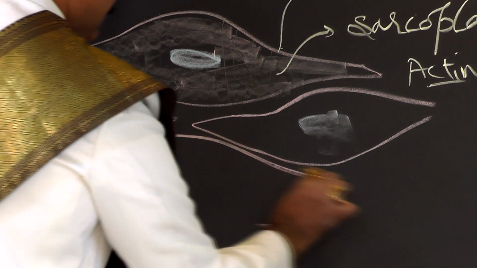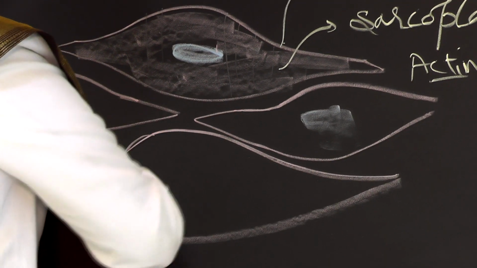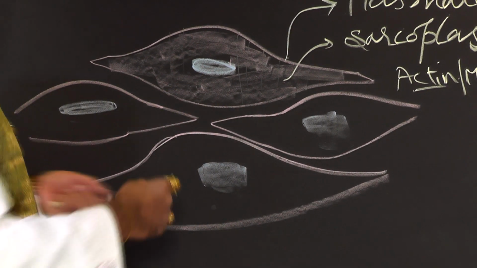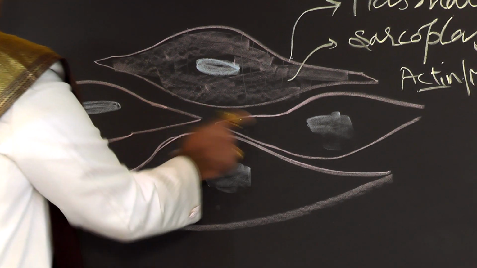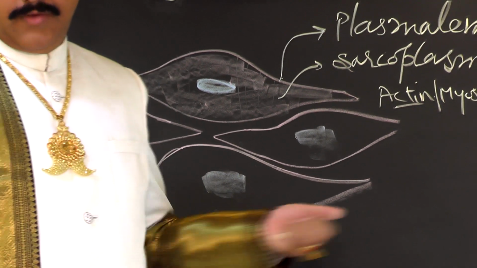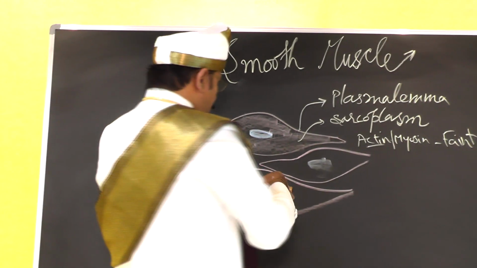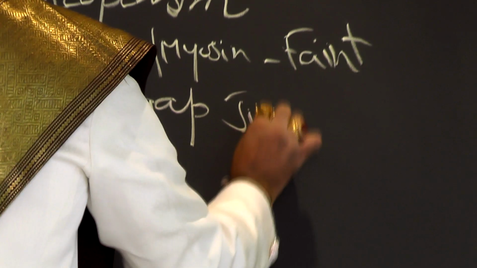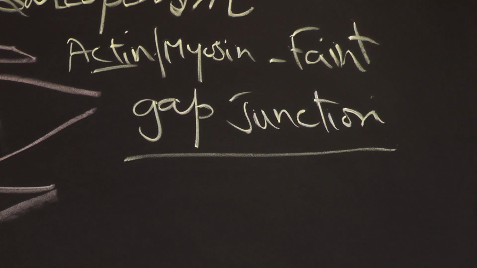So here again it is the central bulging portion of these two smooth muscles, and look at the adjoining cells. The tapering portions of the adjoining cells are in close contact with the tapering ends of other cells, and they form gap junctions. The junction between the cells is called a gap junction.